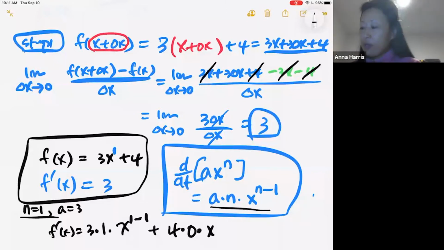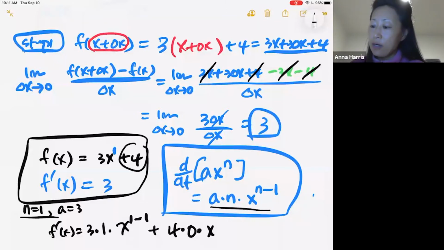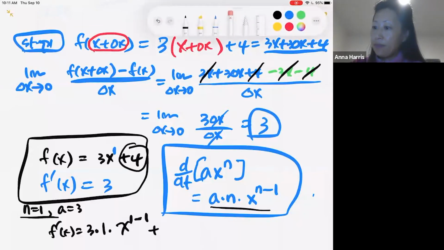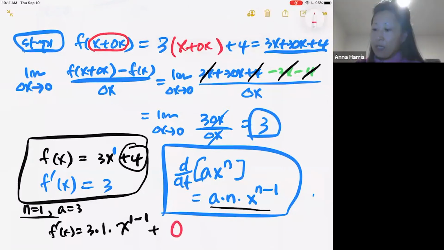Remember, actually this 4 right here, you know right away the derivative of a constant is what? 0, so I don't even have to do that. So I can just simply put 0. This is by the constant rule.